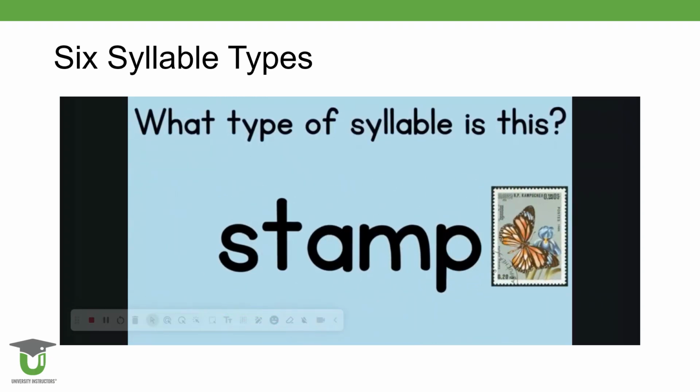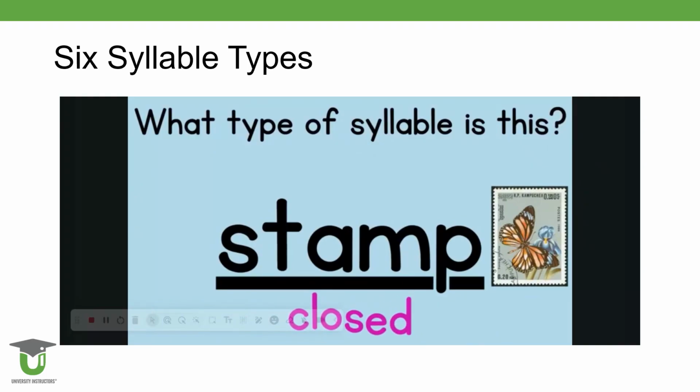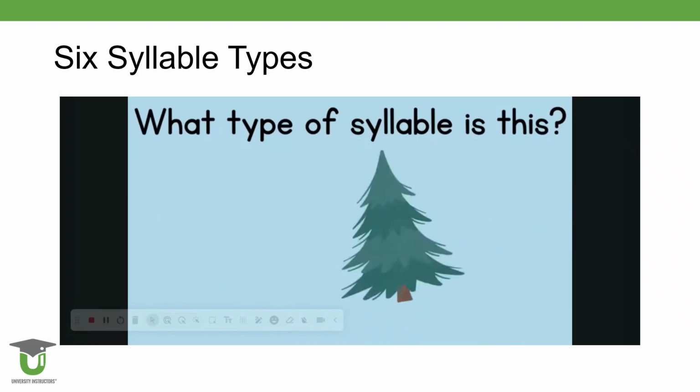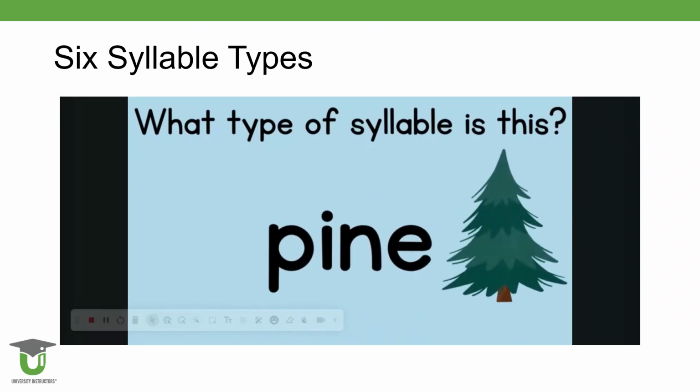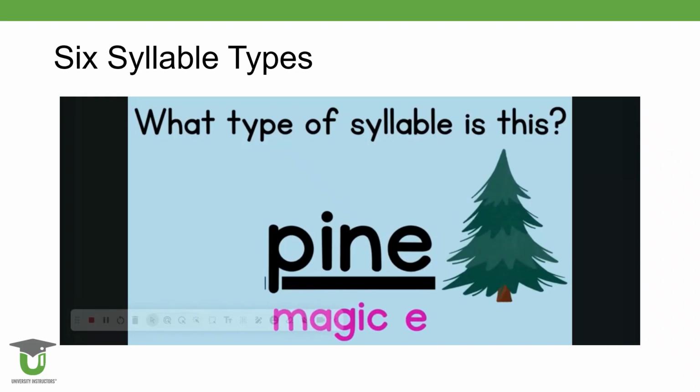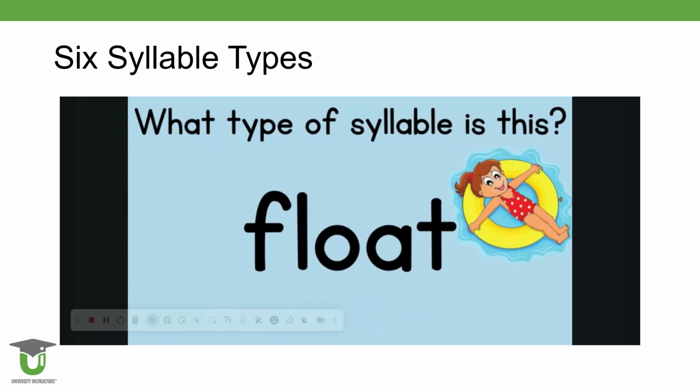Stamp. What kind of syllable is that? It is closed because of the short A, and then it's closed in by the M and the P. How about this word? Pine. What kind of syllable? Magic E. It has that E at the end, making I say its name. What kind of syllable is float?